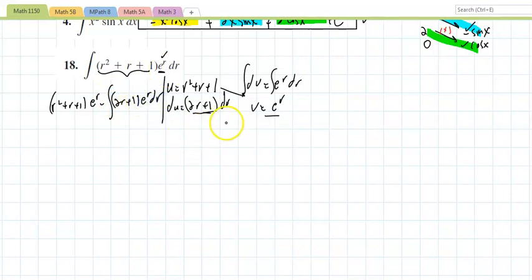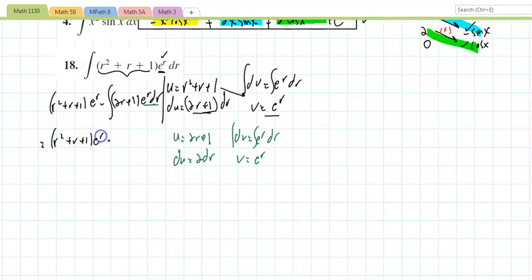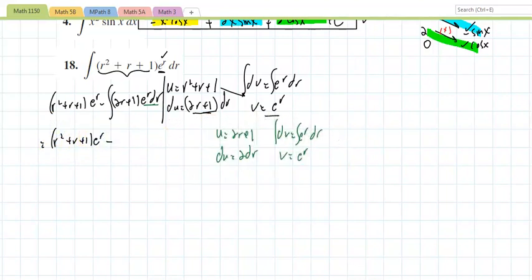If I let on the next stage u equal 2r plus 1, du is 2dr, dv would be the rest, which is e to the r dr, and if I integrate, I'll get v to be e to the r. So this is going to be r squared plus r plus 1 e to the r minus, now the green is going to be that second integral.